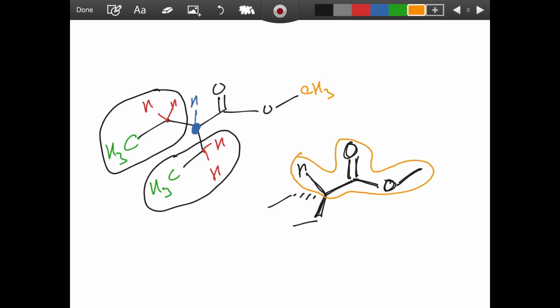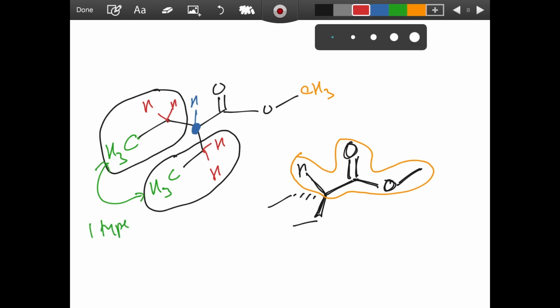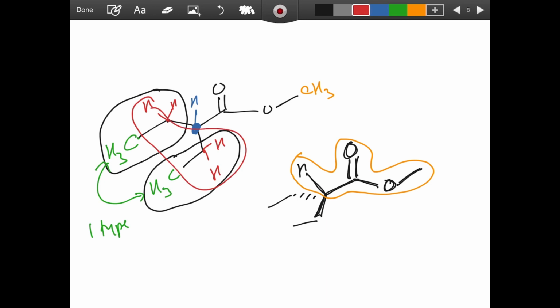And then there's an ethyl group forward and an ethyl group back, and so that gets cut in half. So as far as the NMR is concerned, these two CH3s are one type. These two CH2s are one type. Then your H here is one type. And then your CH3 here is one type.